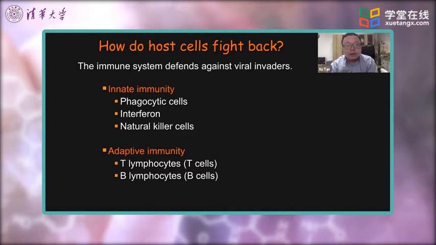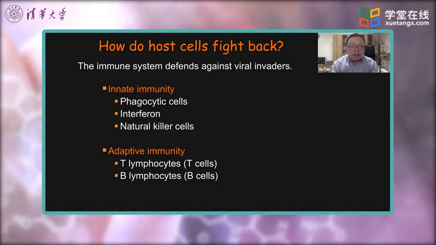A major antiviral innate defense is the so-called interferon system, which I'll talk about later. There is also a type of white blood cell called natural killer cells, which are also part of the innate immune system defending against viral infection.